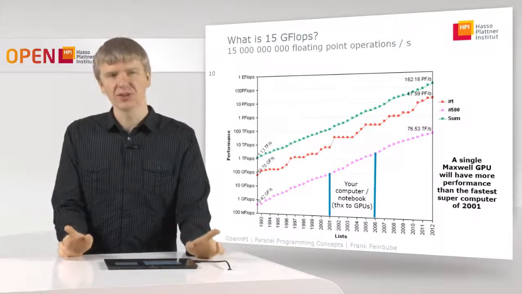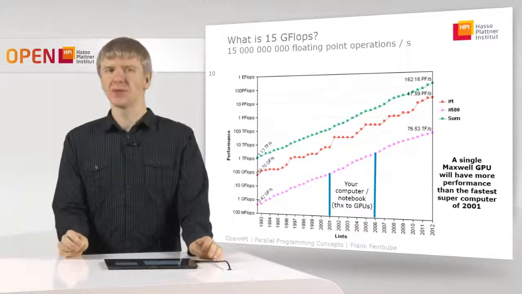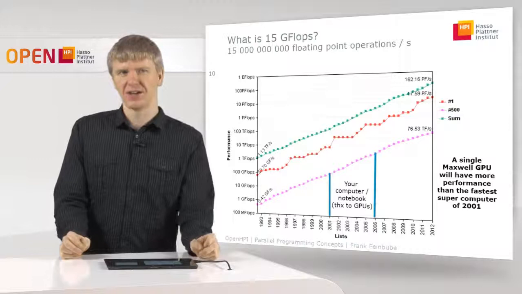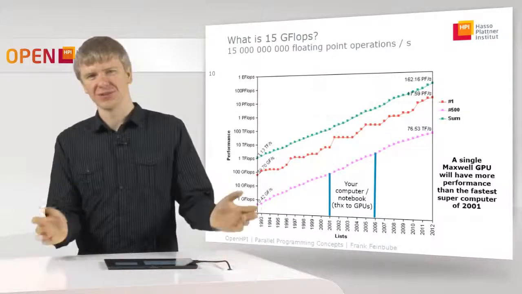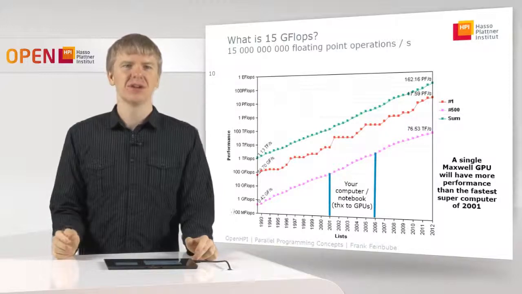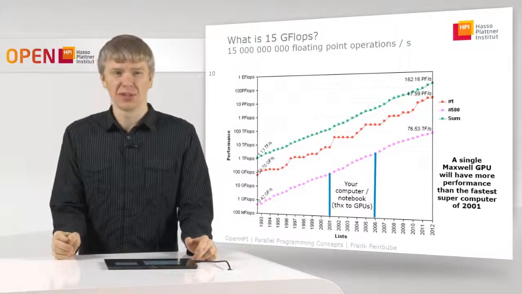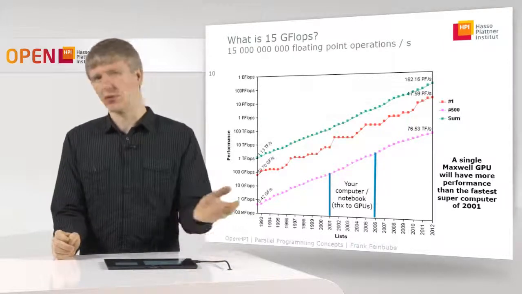And what we see in the background here is the development of the supercomputers in the world. And first of all, and this is why I like this picture so much, our computers would have been in the top 500 supercomputers in the year like 2004, for example.